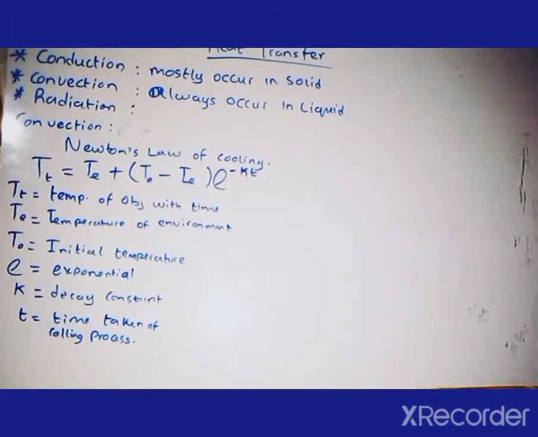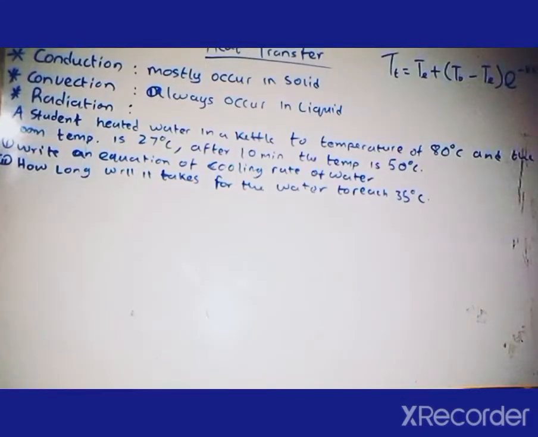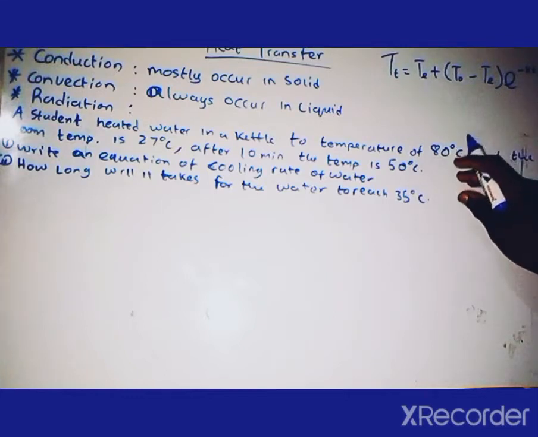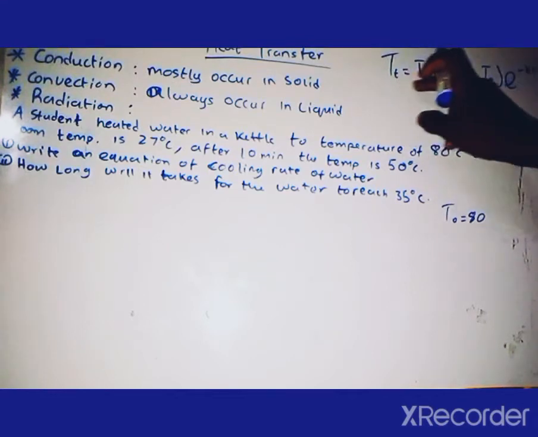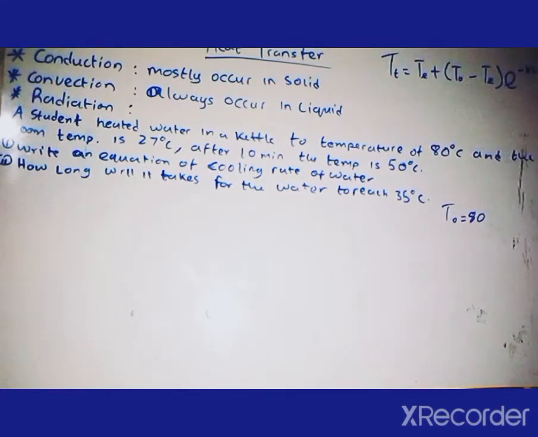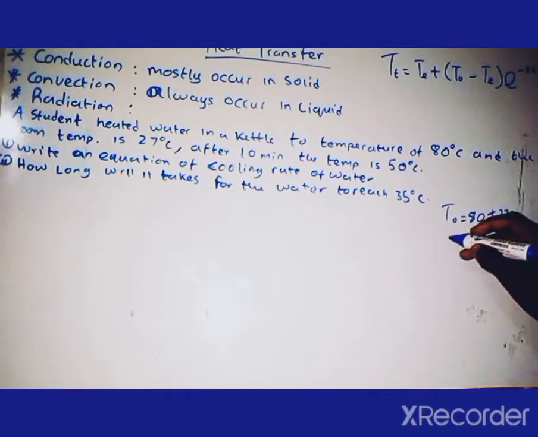Now let's solve a question on that. A student heated water in a kettle to a temperature of 80 degrees Celsius. Let's say this is the initial temperature. Note that all the temperatures in Newton's law of cooling must be in Kelvin, so add 273.